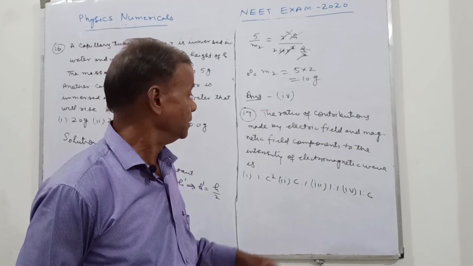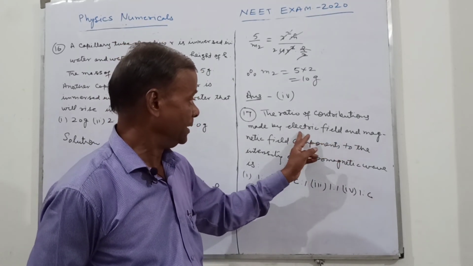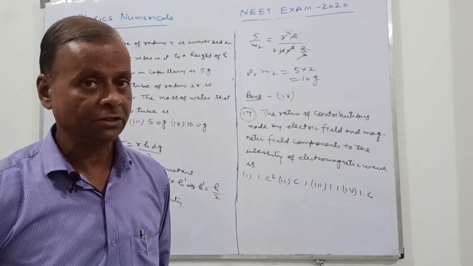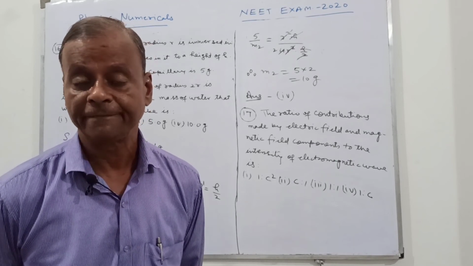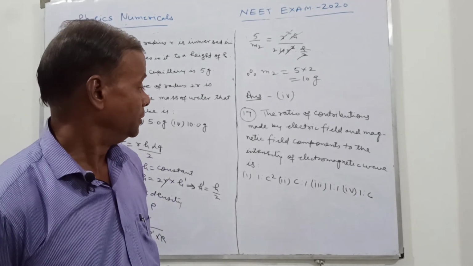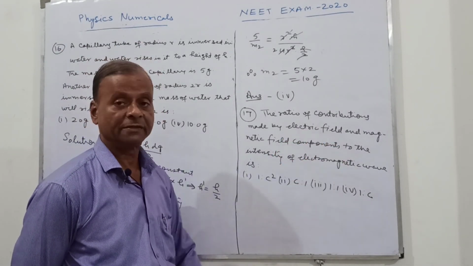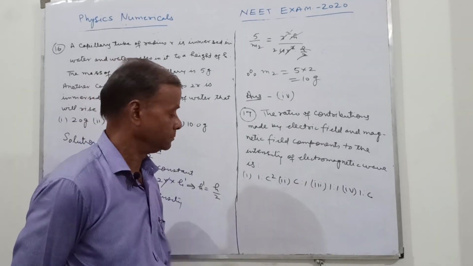So this is the field energy. This electric energy is half epsilon naught E square, and also from the magnetic field this is half epsilon naught E square. So the total energy is epsilon naught E square. It means that the contributions are equal from the electric field and the magnetic field. So the ratio is 1:1.